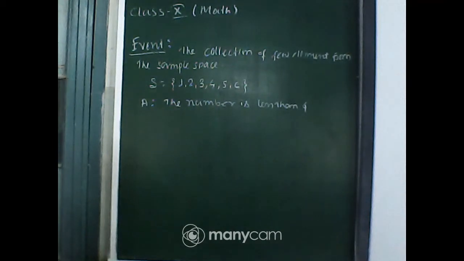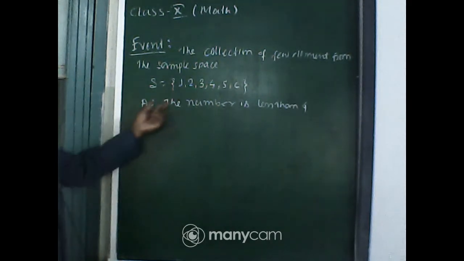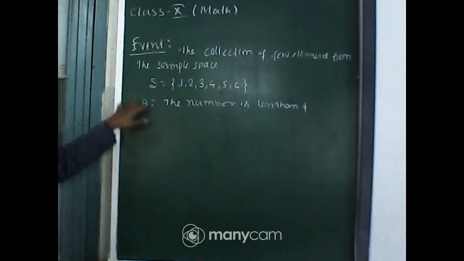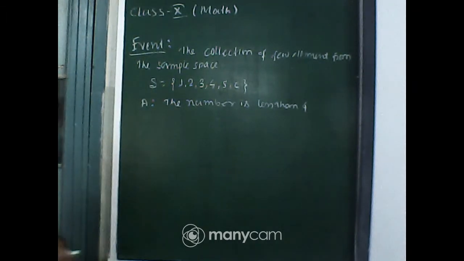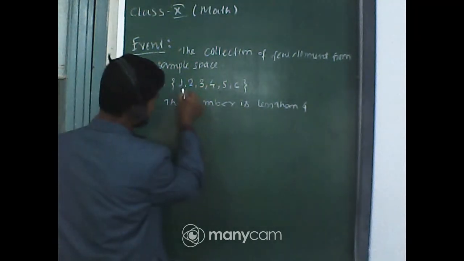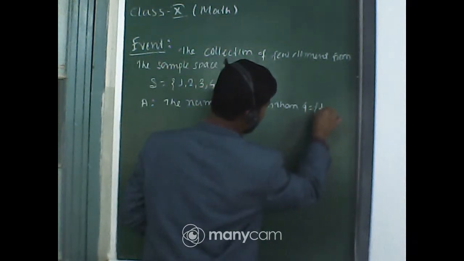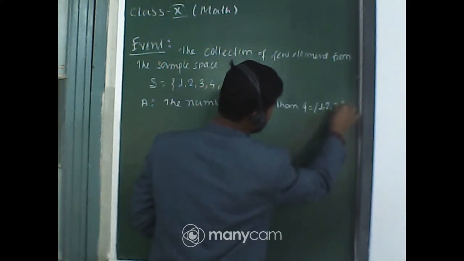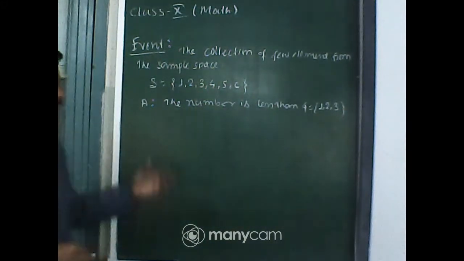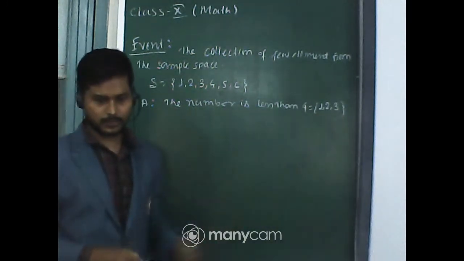So what will be the event corresponding to this? Look, there are three elements whose value is less than 4, and they are 1, 2 and 3. So the event will be 1 comma 2 comma 3.